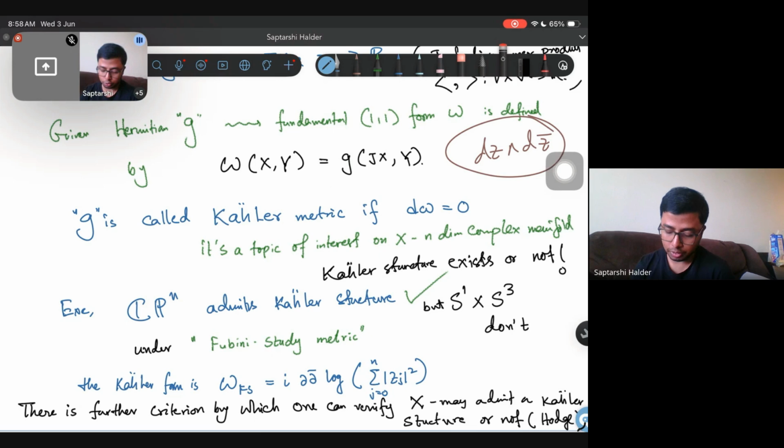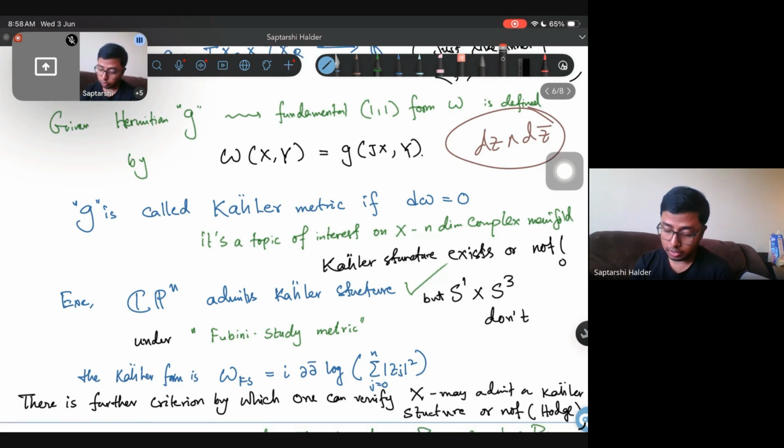G is Fubini-Study. So how do we define this omega 1 form? We define it by this. The scalar form is omega Fubini-Study I. Some people write it like I over 2 pi, this thing, and del bar log this thing.